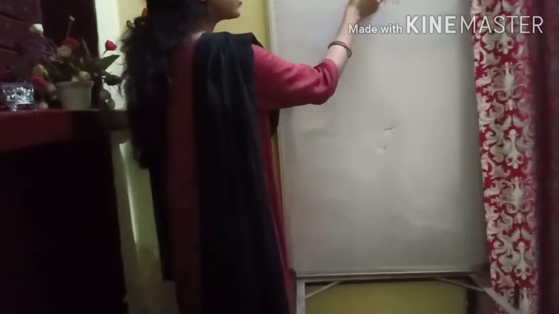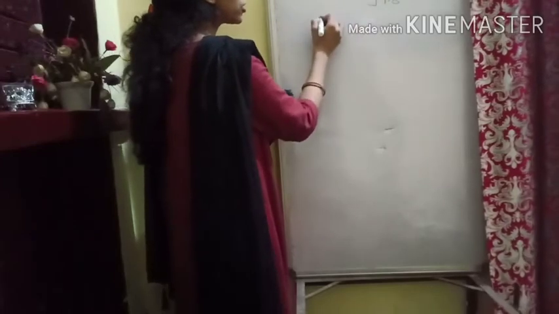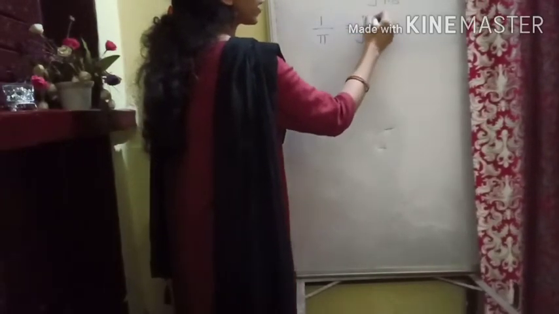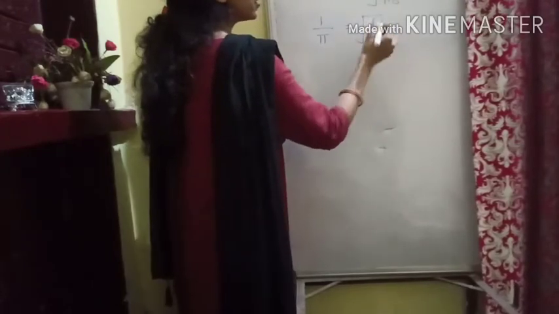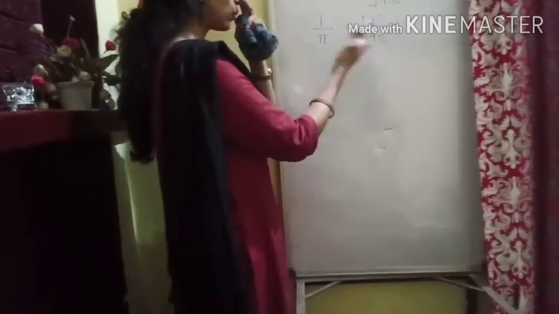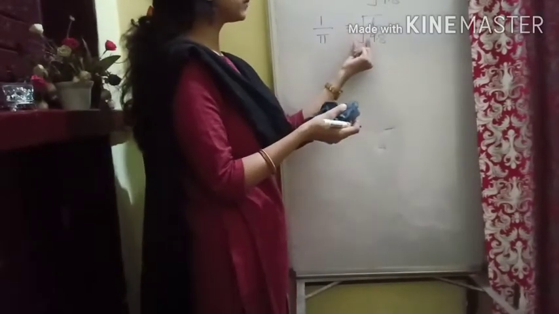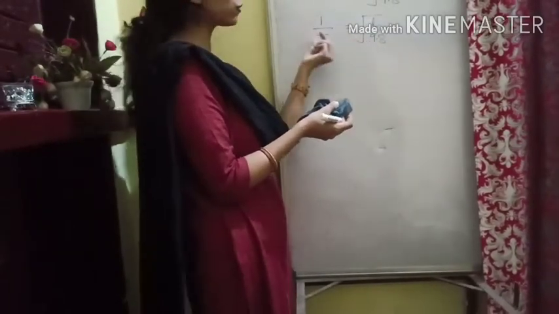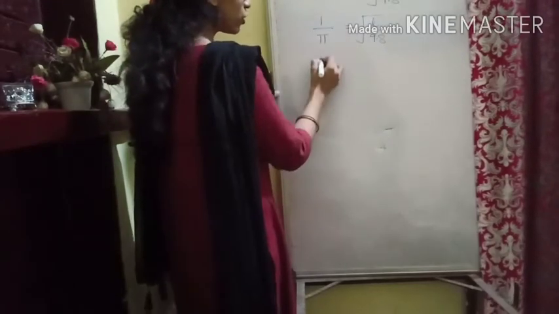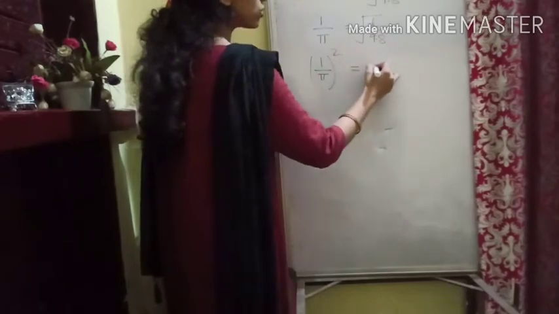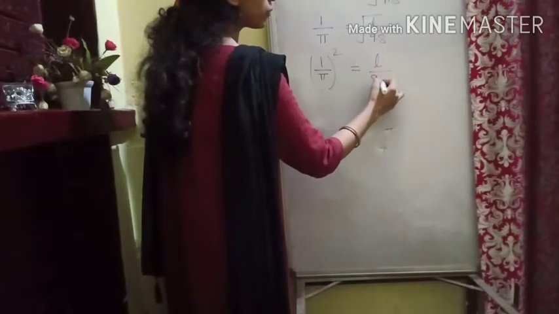Pi is in multiplication, so it will come in division: 1 upon pi equals under root L upon 9.8. Next, we square both sides, which gives 1 upon pi whole square equals L upon 9.8.